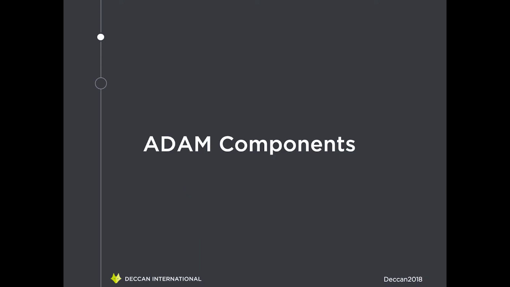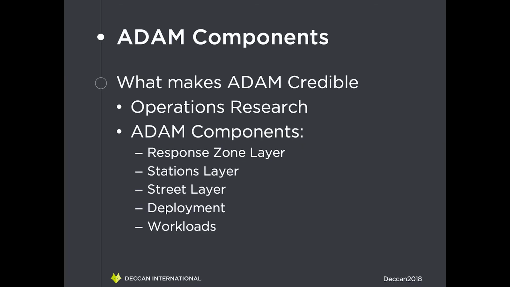So let's talk about the components of ATOM that make this a credible resource for you as decision makers for your department. The components that go into ATOM are, number one, an operations research basis, using that scientific methodology to answer these complex questions about deployments.